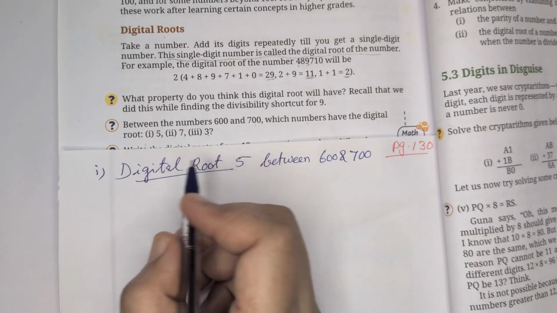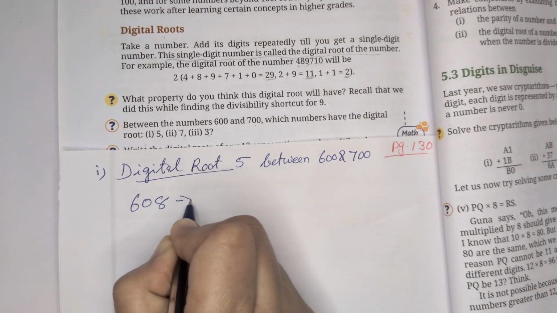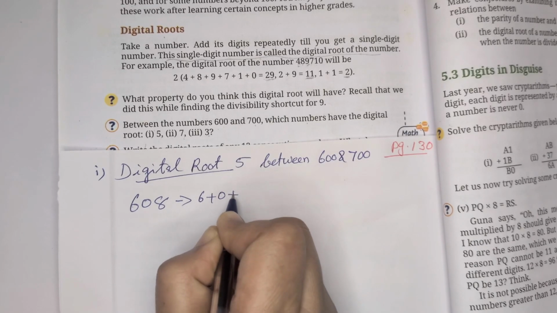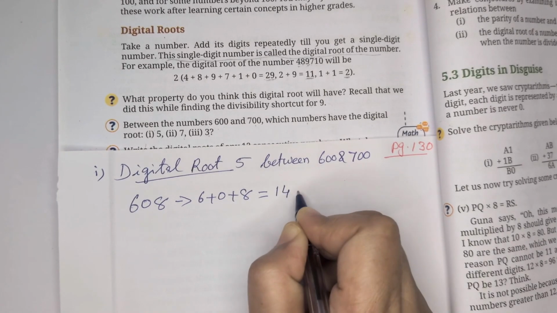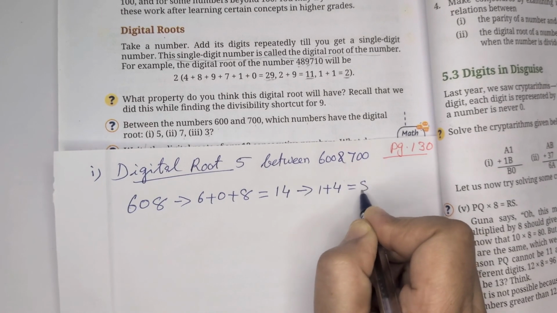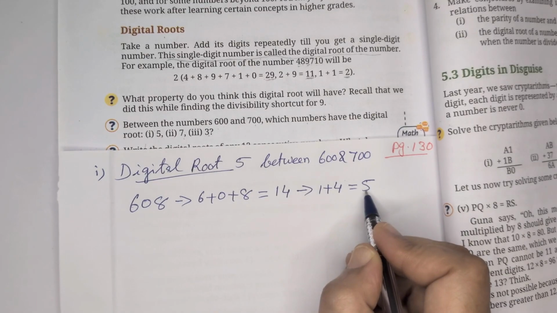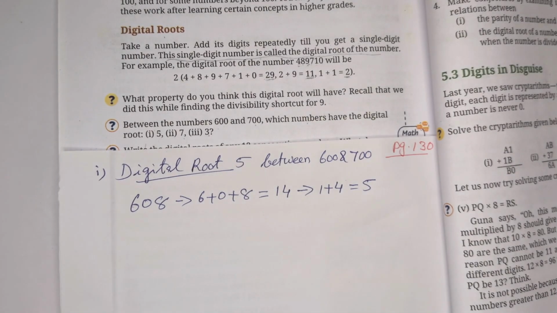Next is 608. Adding 6 plus 0 plus 8 is equal to 14. Again adding 1 plus 4 is equal to 5. That means the digital root of 608 is 5.